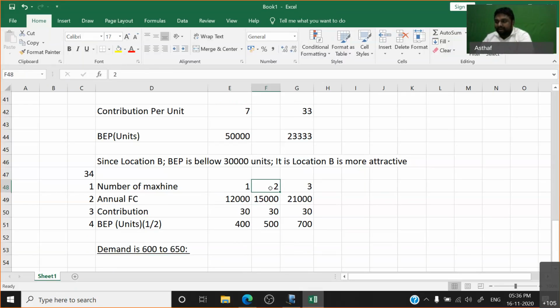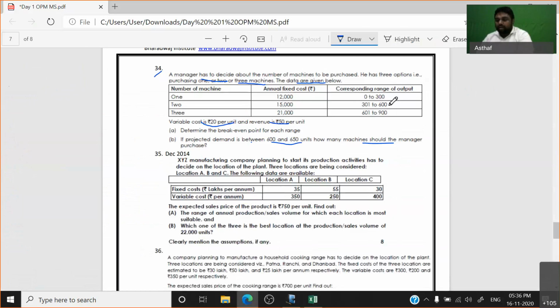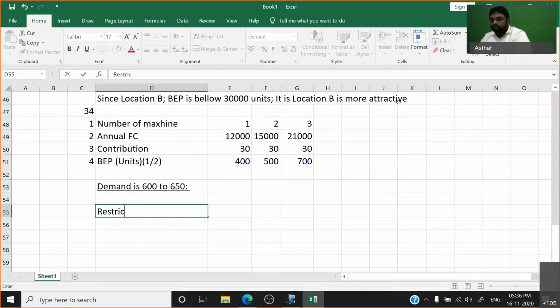The comment I will tell you: restrict the demand to 600 units and go for two machines. The reason is very simple.